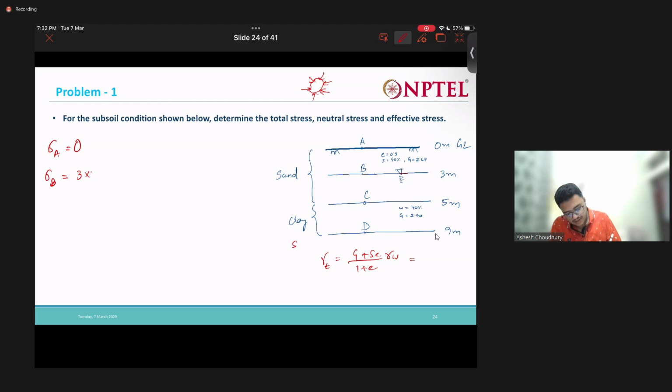This is for the sand. Gamma t. My G is 2.67 plus S is 0.4, e is 0.5, divided by 1 plus 0.5, into 9.81. So it's 18.77, I'm getting. It should be 18.77.